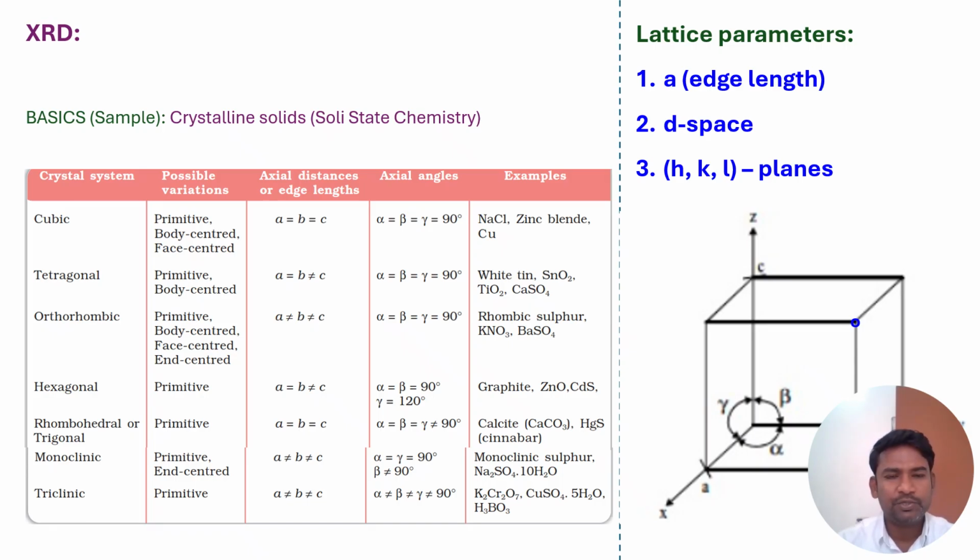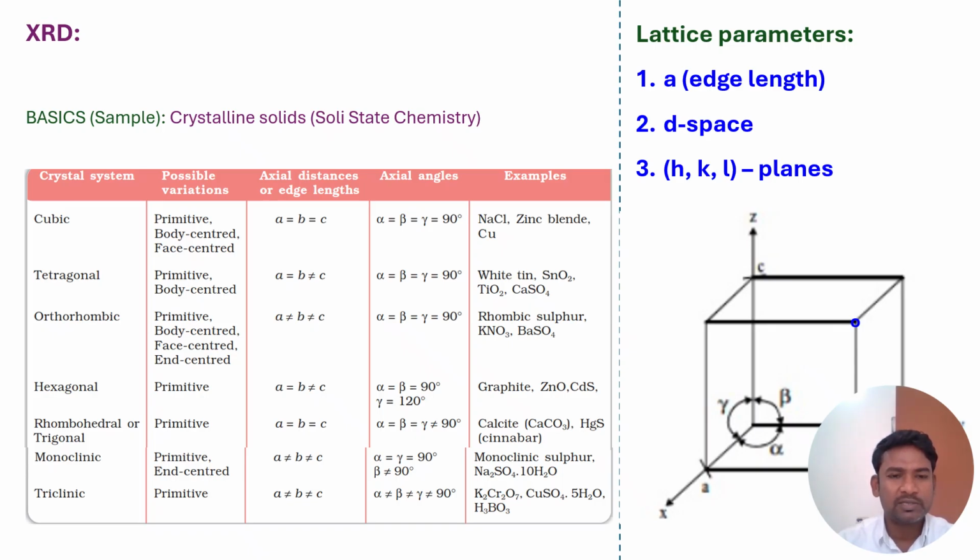The first one is cubic. The possible variations are primitive, body centered and face centered. The second important one is tetragonal, which involves primitive and body centered. The third one is orthorhombic, which is primitive, body centered, face centered and end centered.